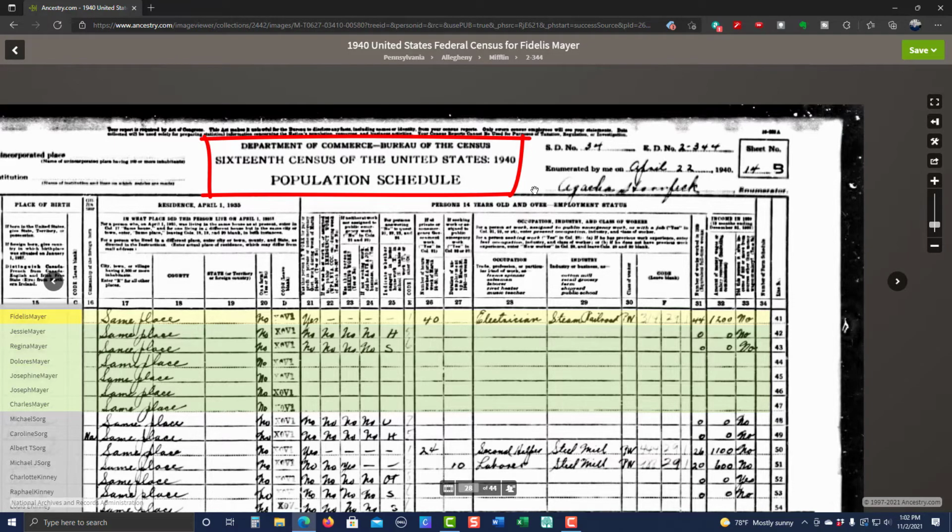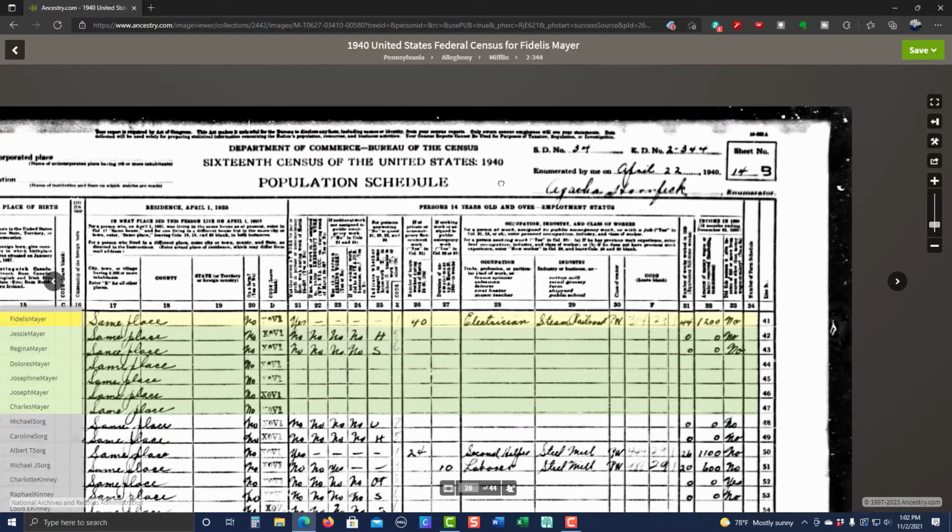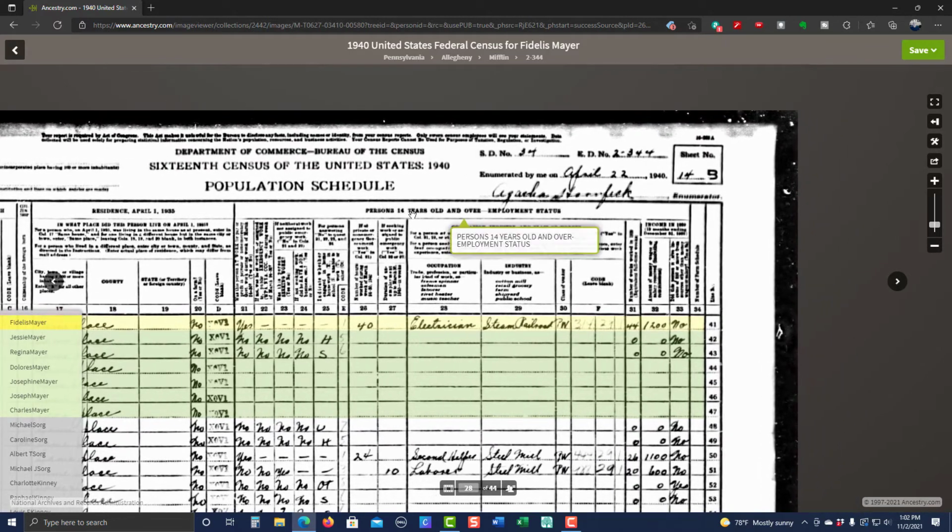There are some other schedules in some of the census years, but we'll talk about that at some other point. Now you can see over here, there's an SD number and an ED number. Now let's talk about the ED number first. ED is an enumeration district.